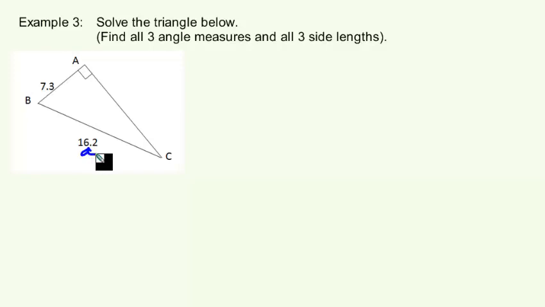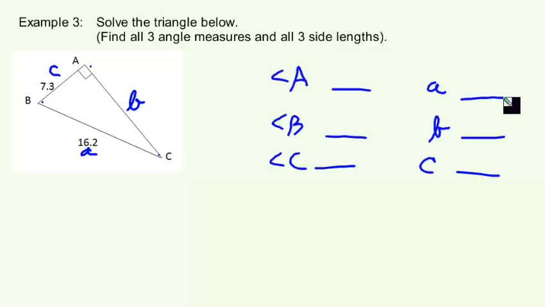This would be small a because it's across from angle A. This would be small b because it's across from angle B. This would be small c because it's across from angle C. And I'm just going to draw a quick little box. If I can put correct numbers on all these blanks, then I have solved the triangle.